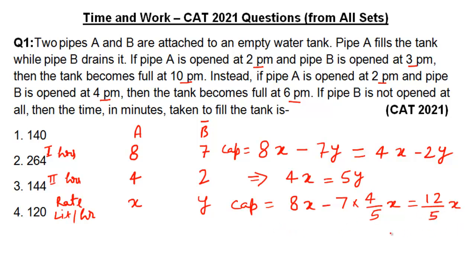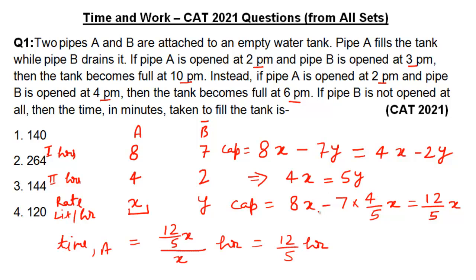So this is the capacity of the tank, and the question is, if pipe B is not opened at all, then how much time A will take to fill the tank. So the time required by A to fill the tank is the capacity of the tank, which has come out as 12 by 5 X, divided by the rate of A, which we have already assumed as X. So that is 12 by 5 hours, but the answer is given in minutes.